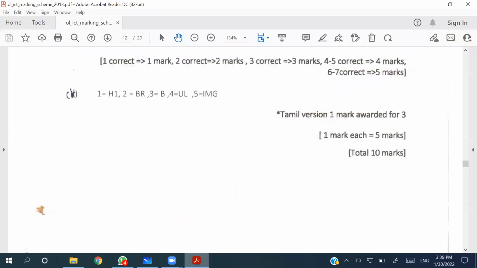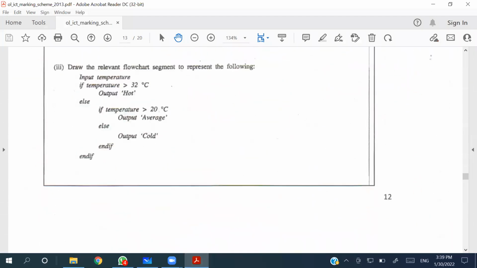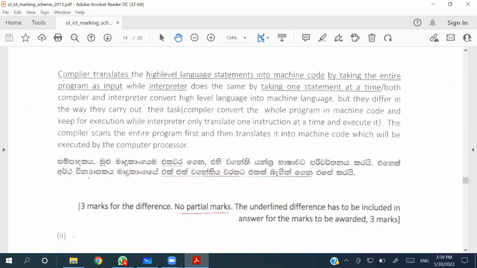So the answer given in the marking scheme goes like this: the compiler translates the high-level language statements into machine code by taking the entire program as an input, while the interpreter does the same by taking one statement at a time. You don't need to write the entire paragraph over here. In case you got it wrong, I'll give you a minute to copy this down.